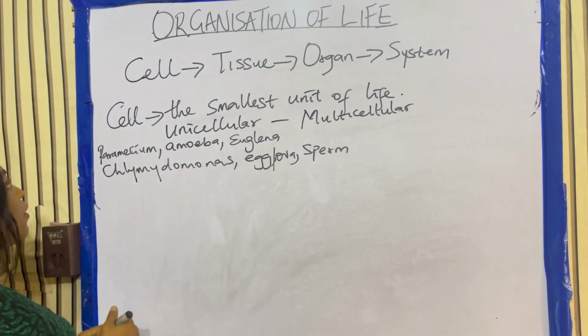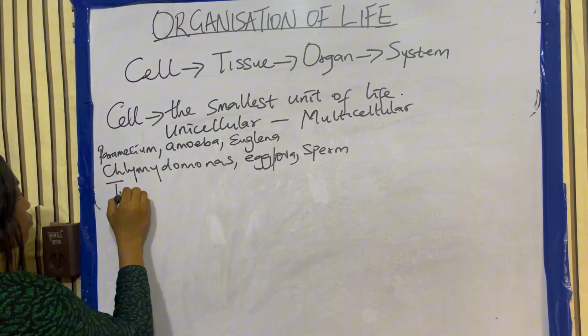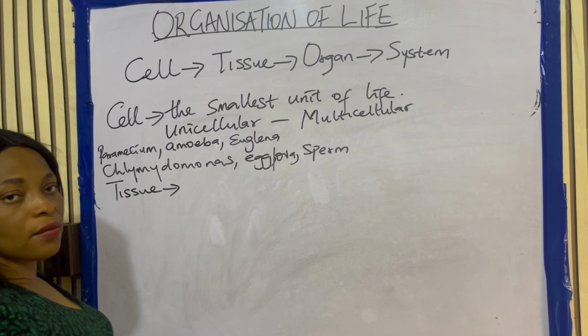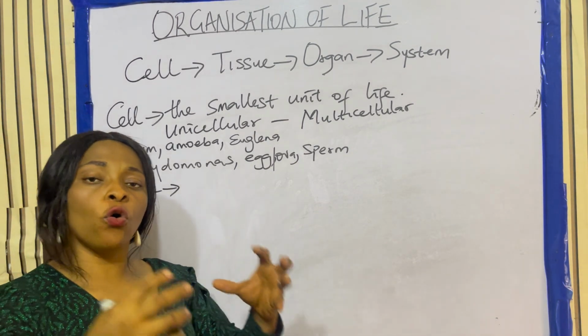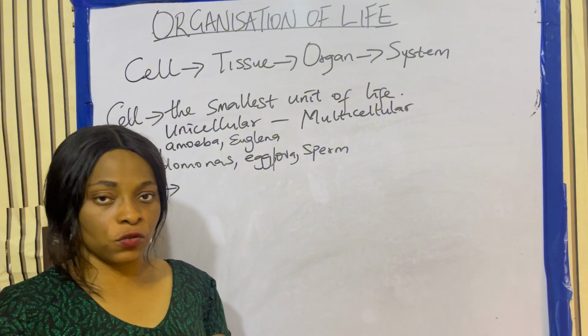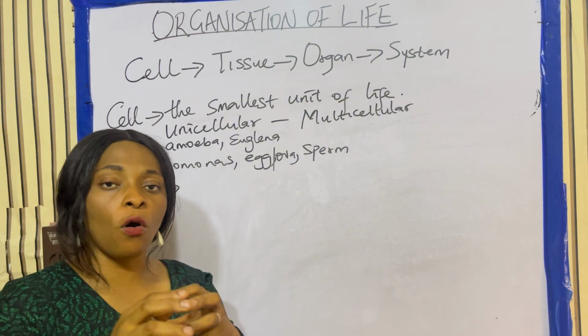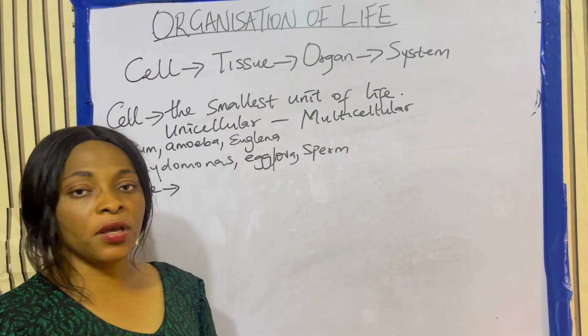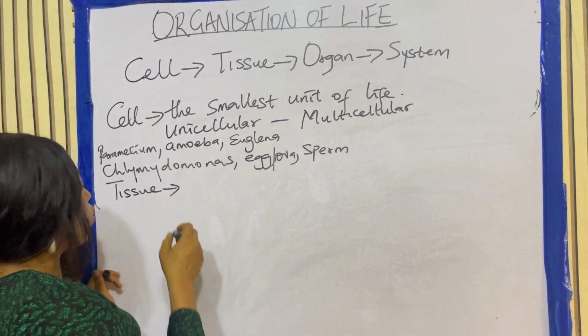Then we move over to the next one, tissue. Tissue simply means combination of two or more similar cells performing similar functions. What does it mean?